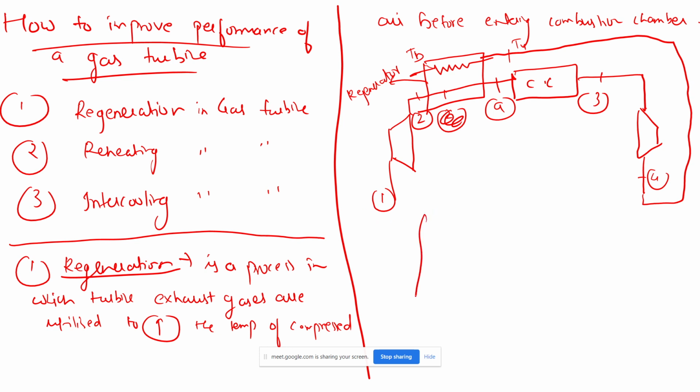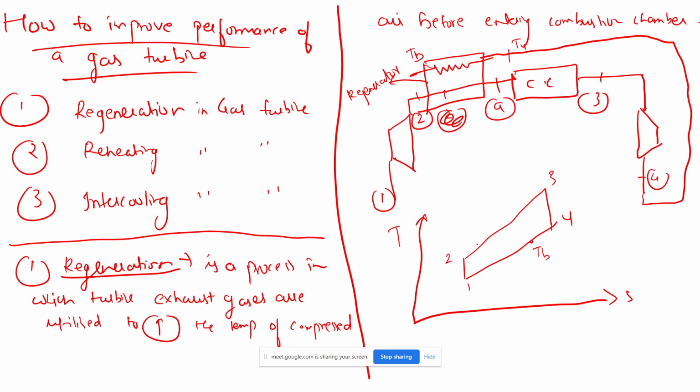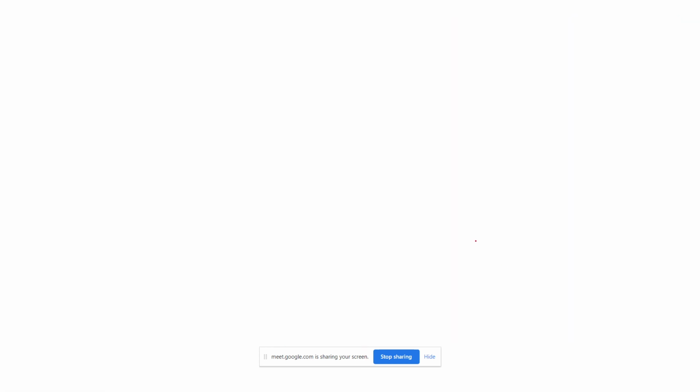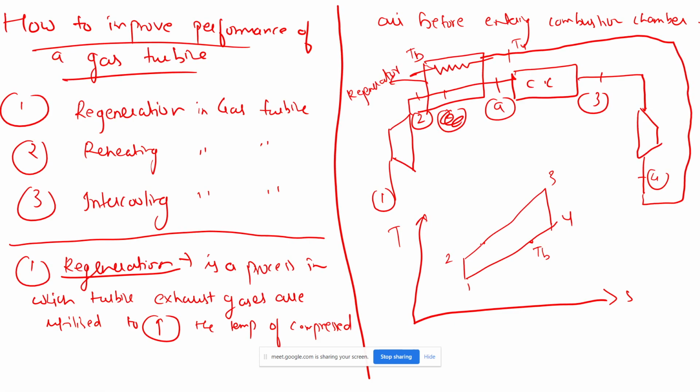So we'll draw that in the TS diagram. This is a TS diagram. So 1, 2, 3, 4. Turbine exhaust gases are used to increase the temperature. So the temperature here will drop to TB. And here temperature will increase because we are utilizing the gases to increase the temperature.